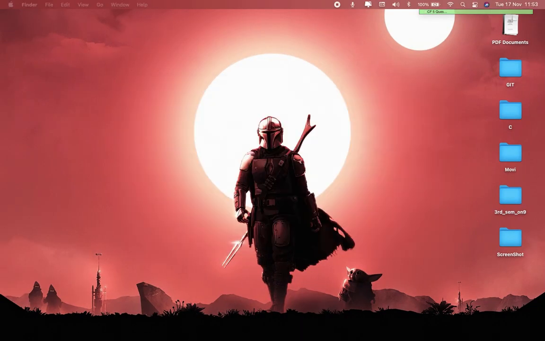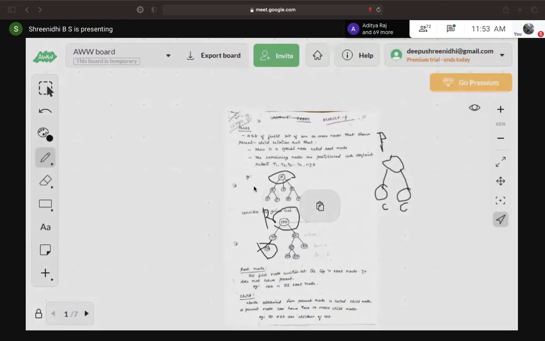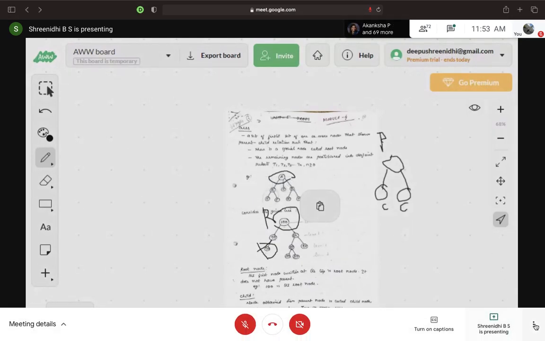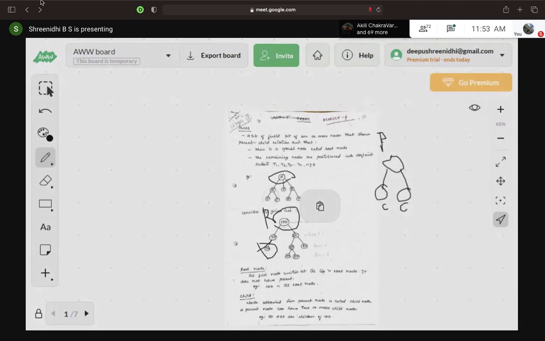A first node written at the top does not have a parent. Normally, the root node does not have a parent, right? As I told, this in turn acts as a root node for this, but it has a parent. But as we know, it's an intermediate root, not the complete root.